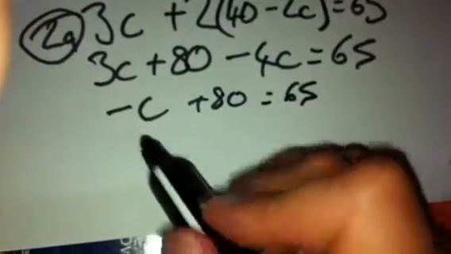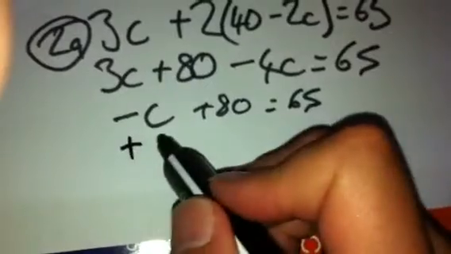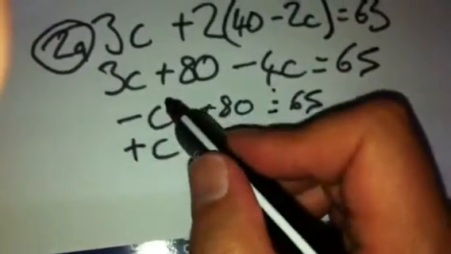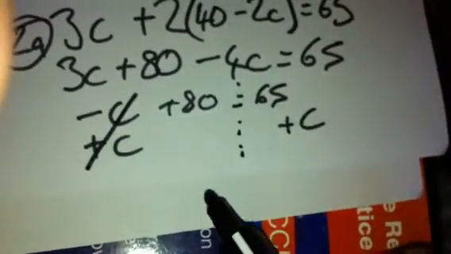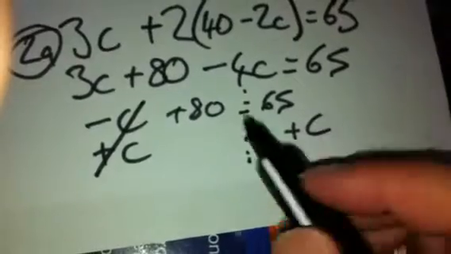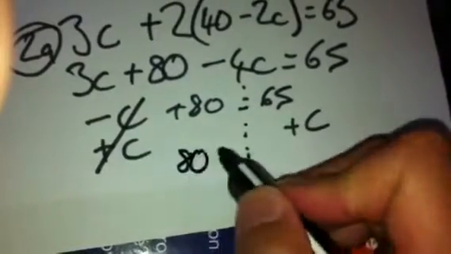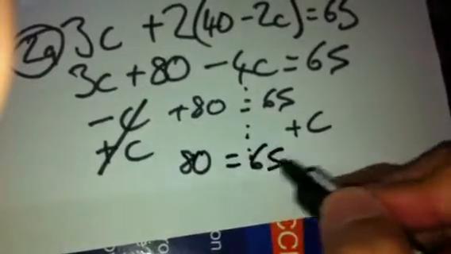Looking better. Let's use our algebra technique. We add a C, so we do the opposite of that, and we add a C on that side. Remember, it's got to be equal past that center line. Minus C plus C becomes 0. Okay? 80 equals 65 plus C. Right.